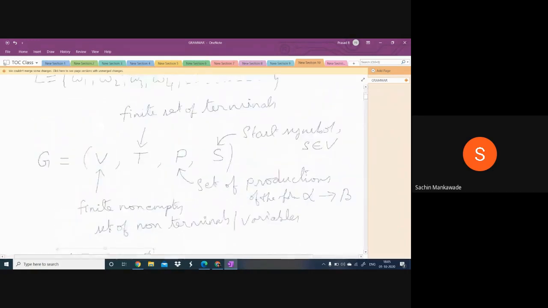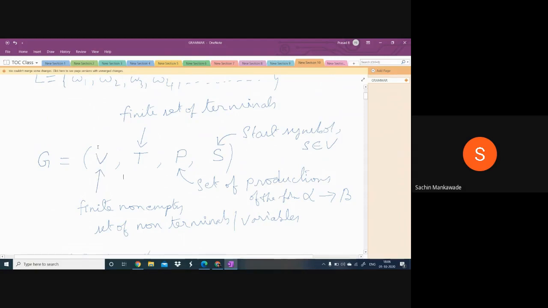Okay. Generally, for non-terminals we take capital letters: capital A, capital B, capital C, or like capital A1, capital A2. So remember, capital letters represent non-terminals, and the set of terminals are small letters, or 0, 1, 2, 3, or plus, minus, like that.